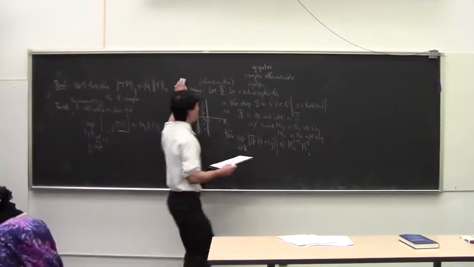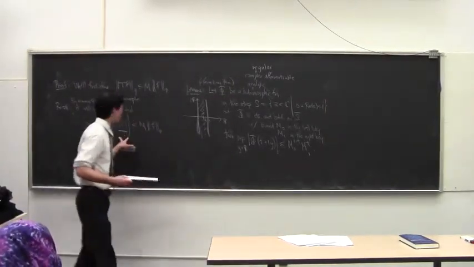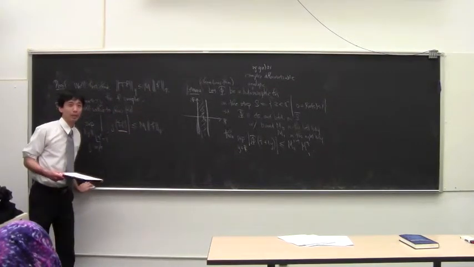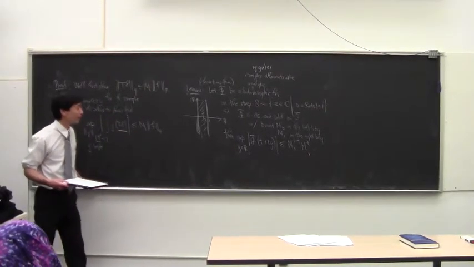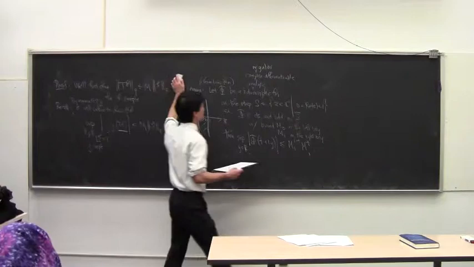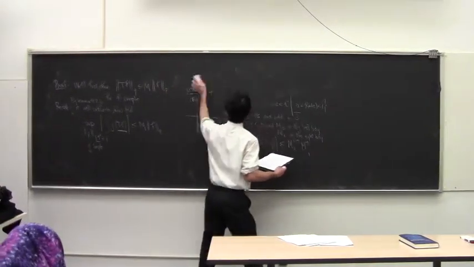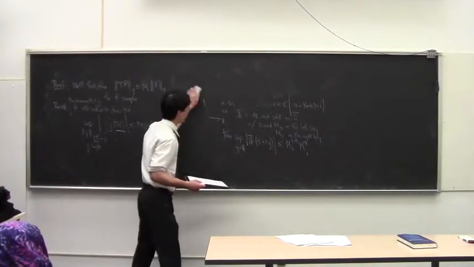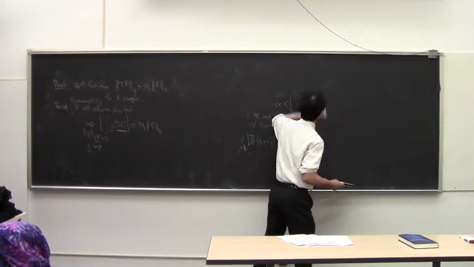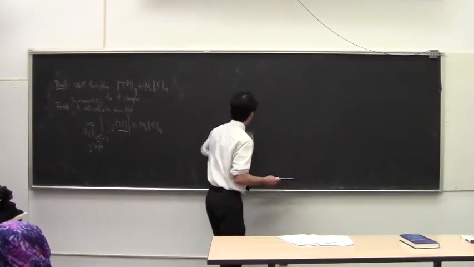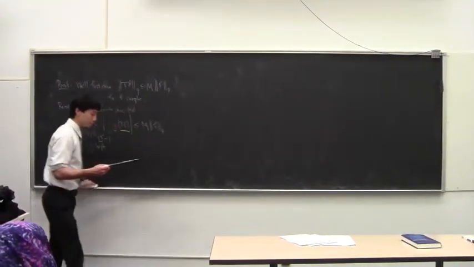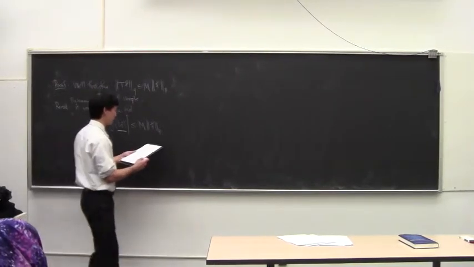Now the way we get this bound is really amazing. It's really clever, and of course it uses the three lines lemma. Here's how it goes.